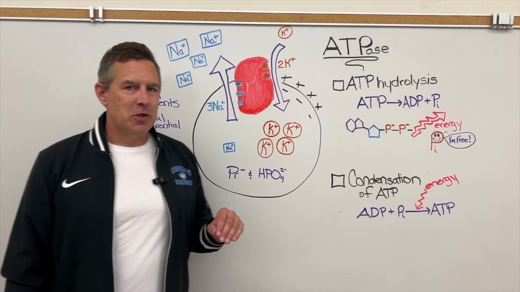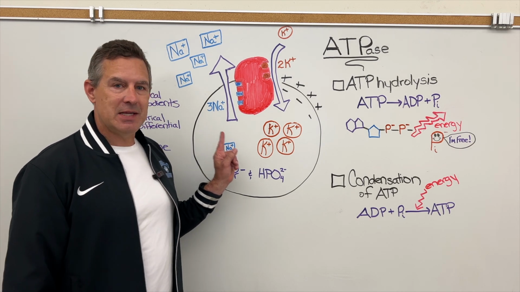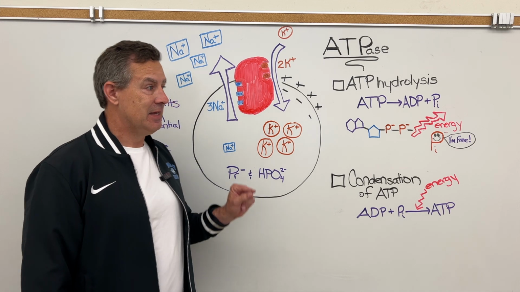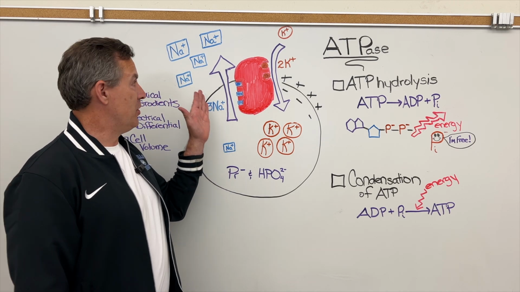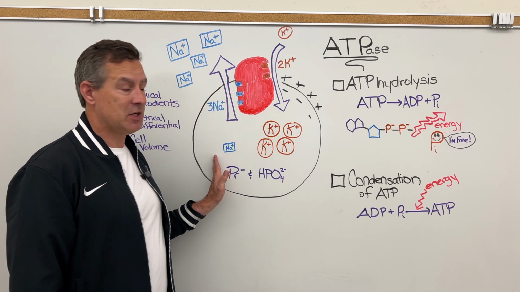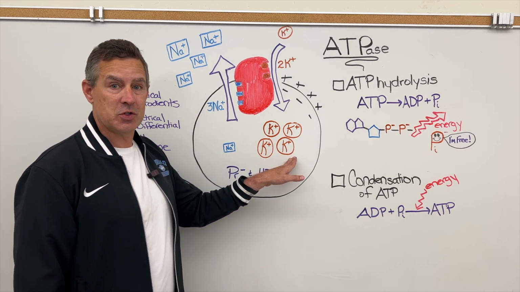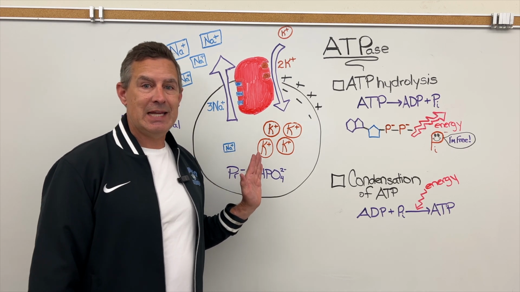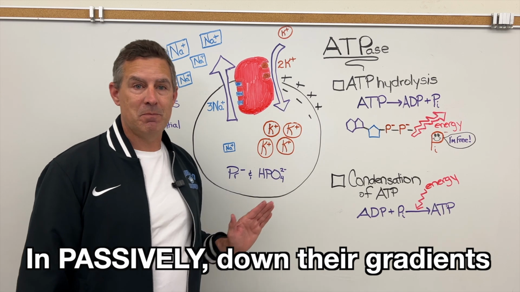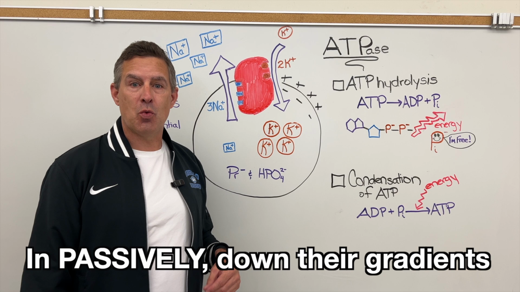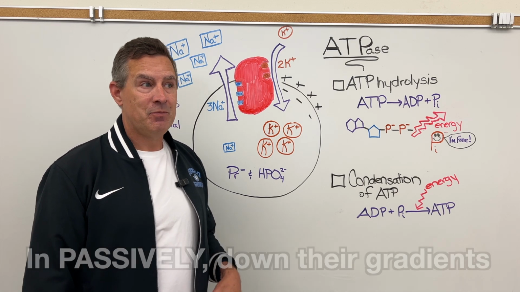Now, the really cool and interesting thing about the sodium-potassium pump is that it will work in reverse. That is to say, at rest, when there's ample amounts of sodium outside the cell and a little bit of sodium inside the cell, and the converse with potassium, as sodium's moving into cells and potassium is moving out of cells, they create the energy of motion, which is kinetic energy.